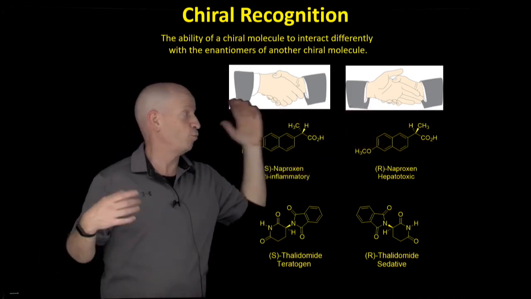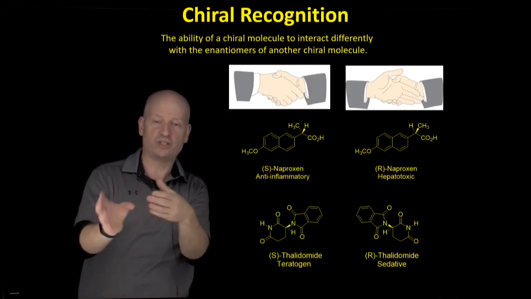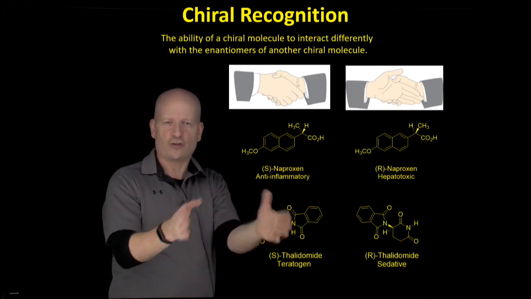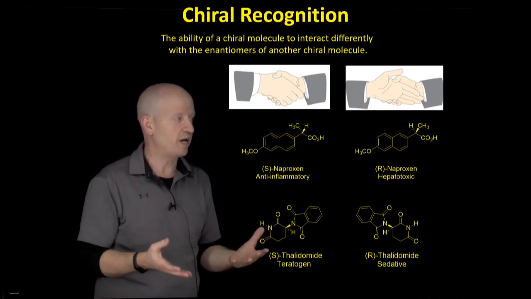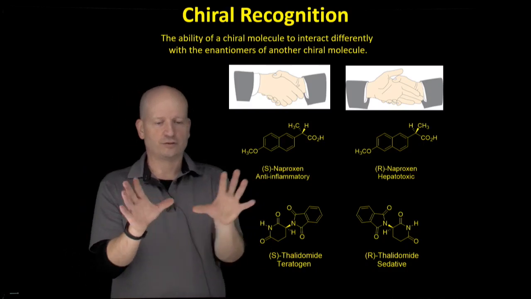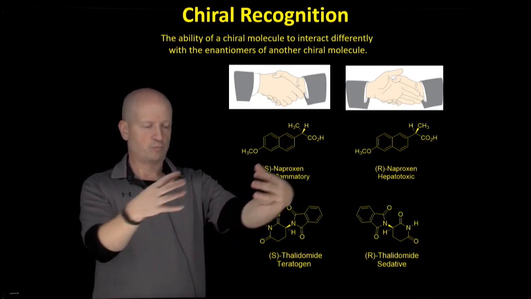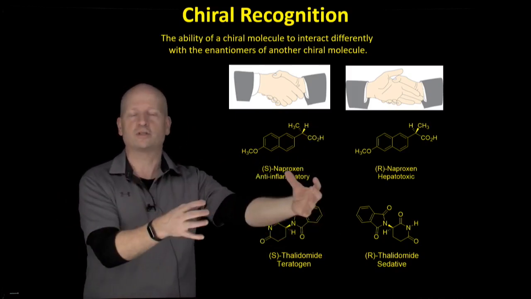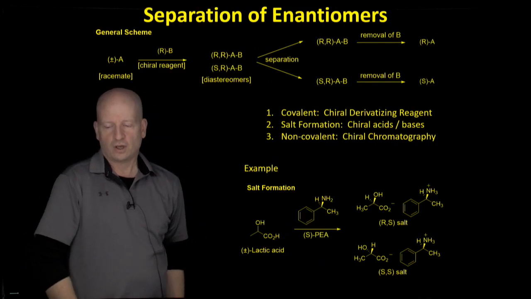That one person's hand, which is only one mirror image form, is able to differentiate between the two mirror image forms of the other person's hands. And molecules behave in a similar way. If you have two mirror image forms of some molecule interacting with biomolecules, which only occur as a single enantiomer, those biomolecules can tell the difference between the two mirror image forms of the other molecule.